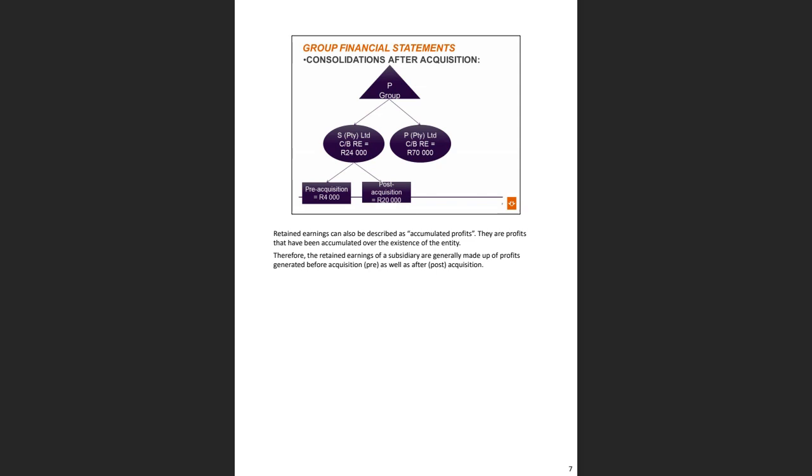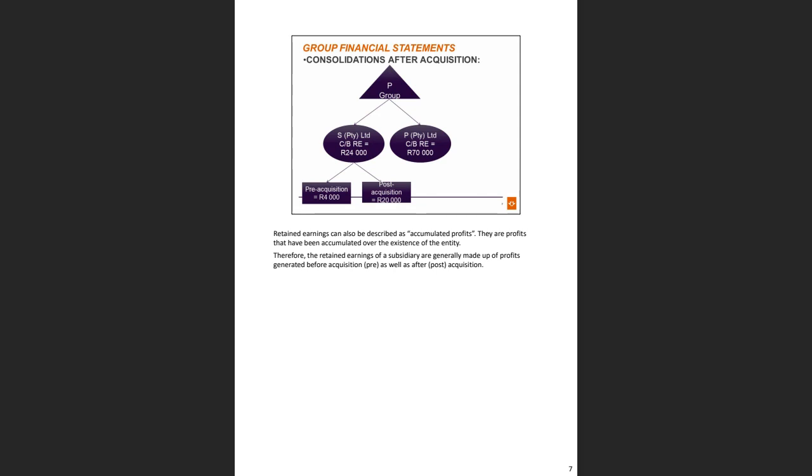So here we have a picture of a group of companies. So we have the P group, and we have P Pty Limited, the company, and we have S Pty Limited, the subsidiary. Okay, so just to show you an example of all of the retained earning items we're going to analyze here.